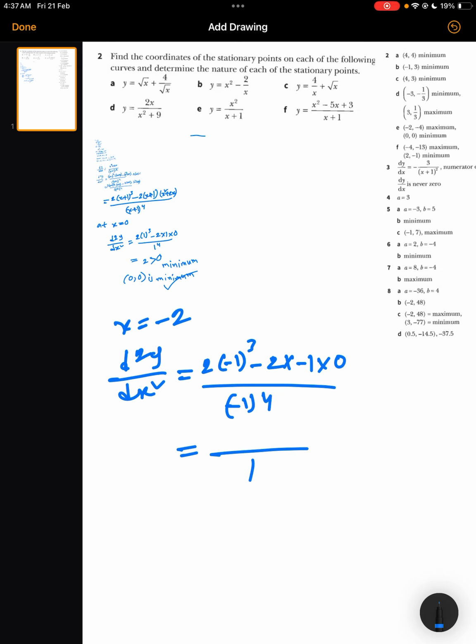Here it is 1 minus 2, so minus 2, less than 0. So (-2, -4) is maximum.